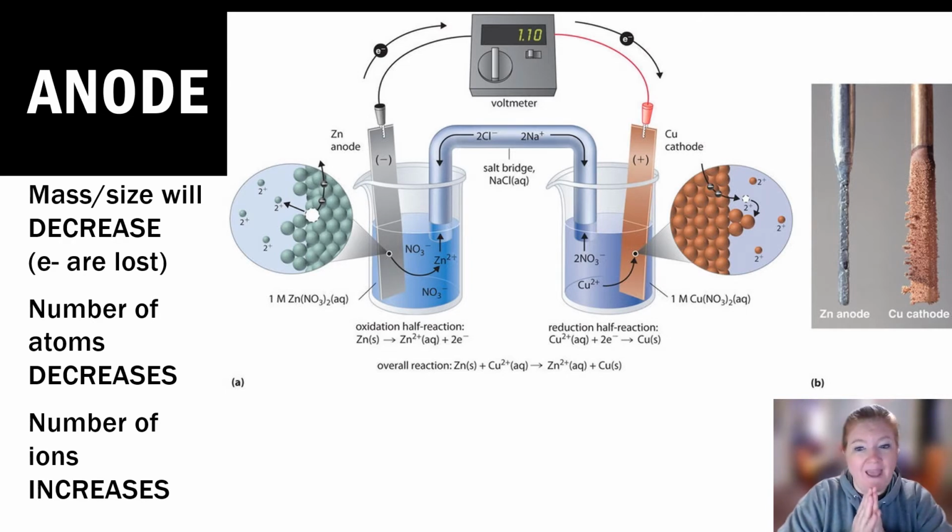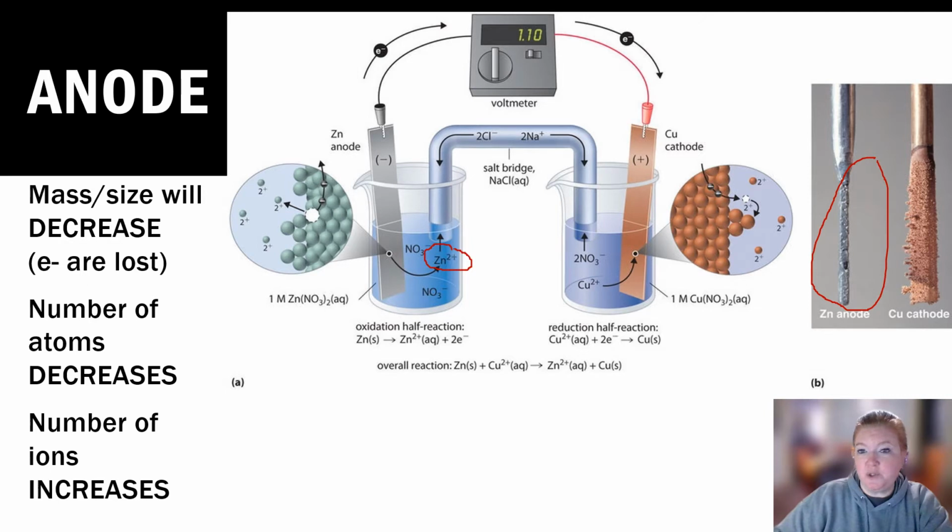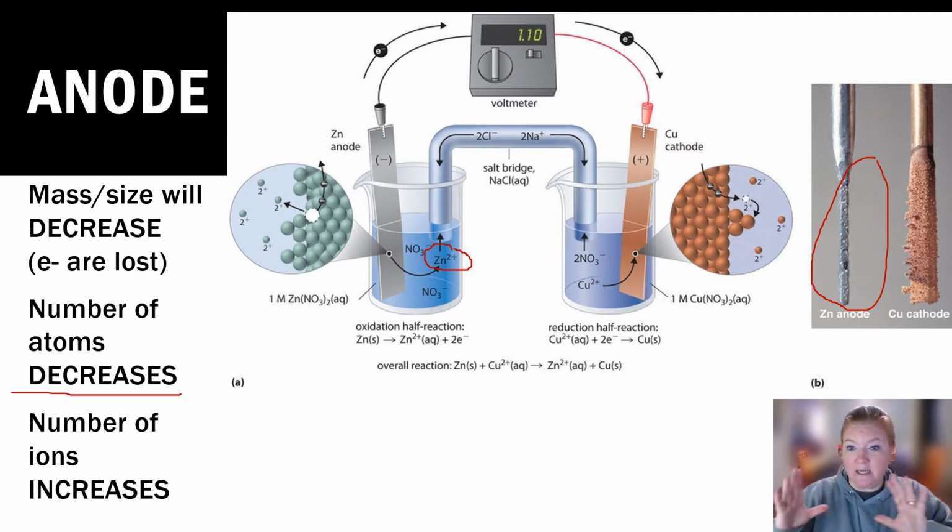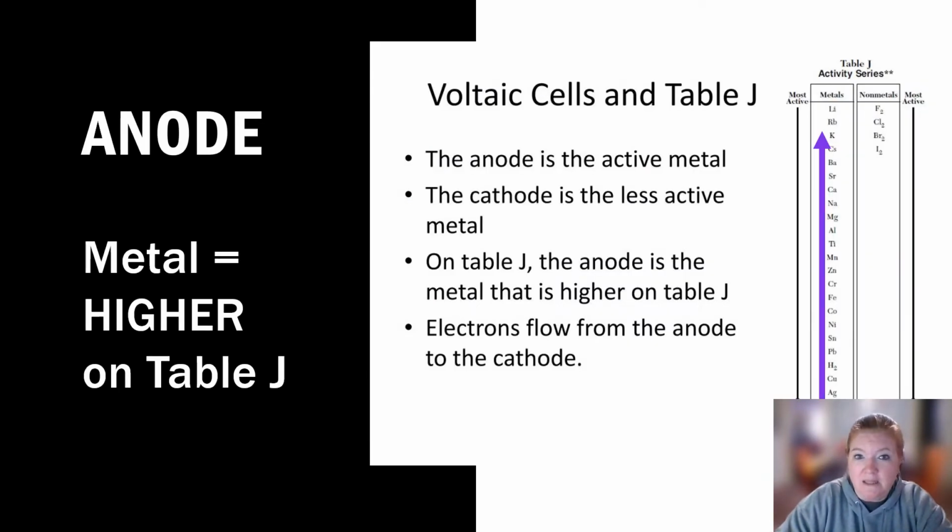That means the number of atoms is decreasing, but the number of ions is increasing. So in this example right here, zinc is not disappearing. The zinc is changing from an atom to an ion in the solution. So at the anode, the number of atoms decreases because the piece gets little, but the ions increase in the solution. On table J, the anode is going to be higher. So higher is oxidation.